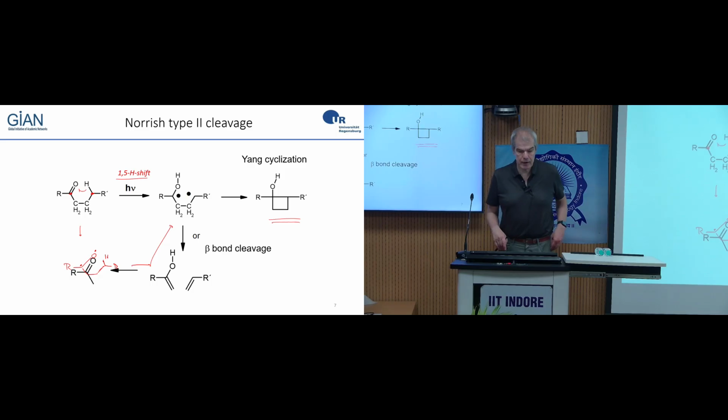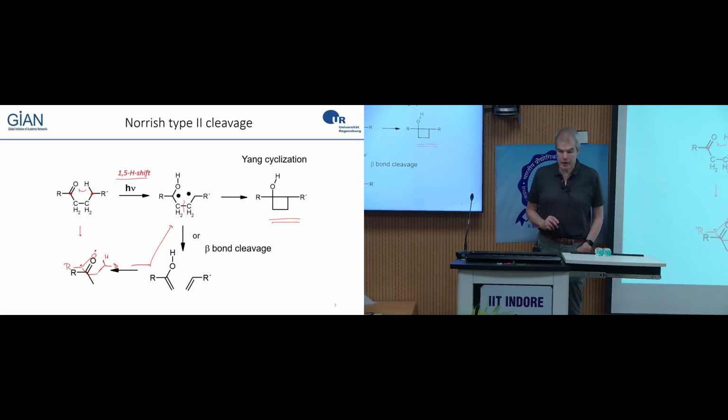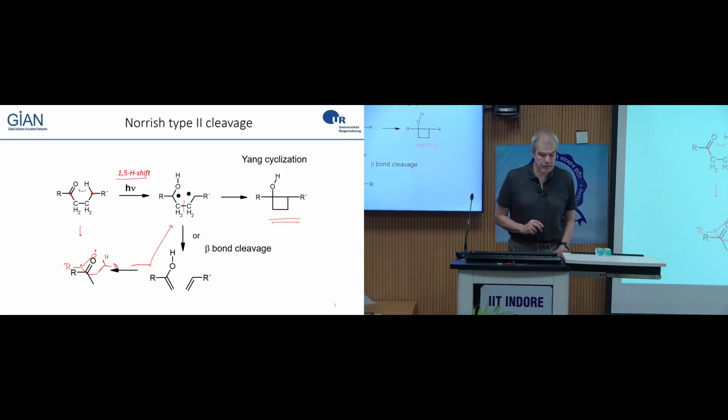one of the alternatives, instead of doing the cyclization, is that it can also undergo cleavage. If it cleaves this carbon-carbon bond, then it would form two alkenes, and that is also a reaction pathway. Typically you have a competition between these two reaction pathways, and then your enol ultimately tautomerizes over to the acyl compound.